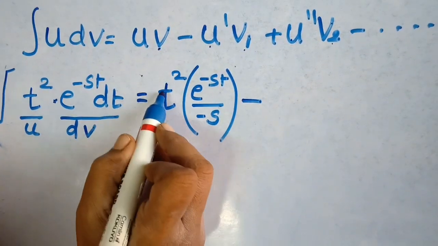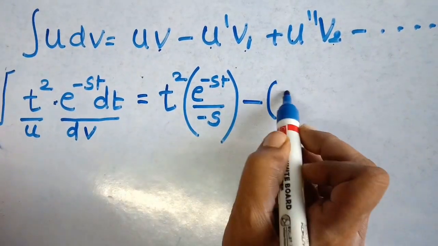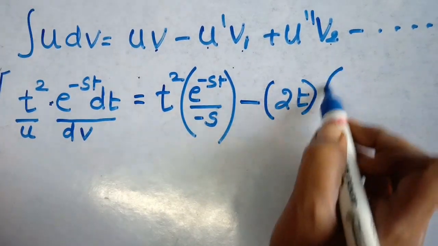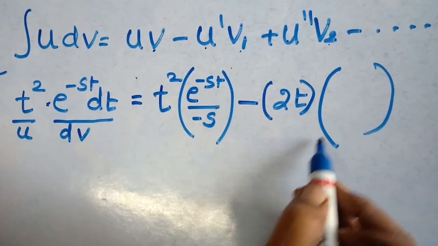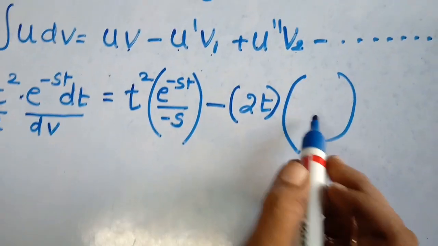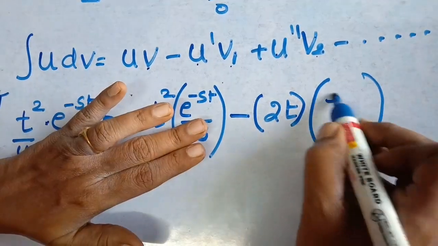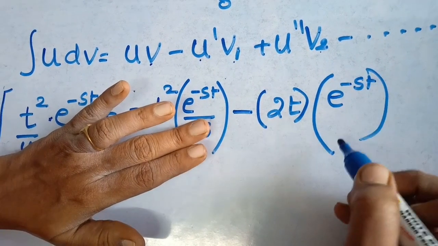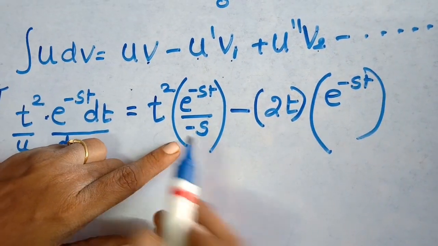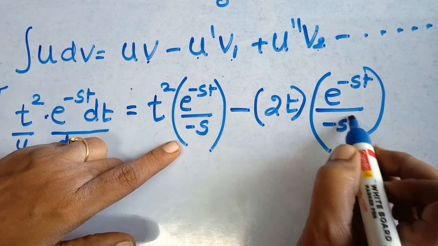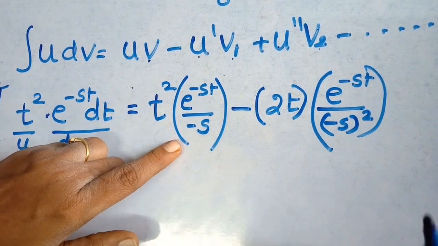Now the differentiation of t square is 2t. Now the integration of this should be placed over here. So the integration of e power minus st is e power minus st by minus s. Already we have one minus s in the denominator, so this is minus s the whole square.